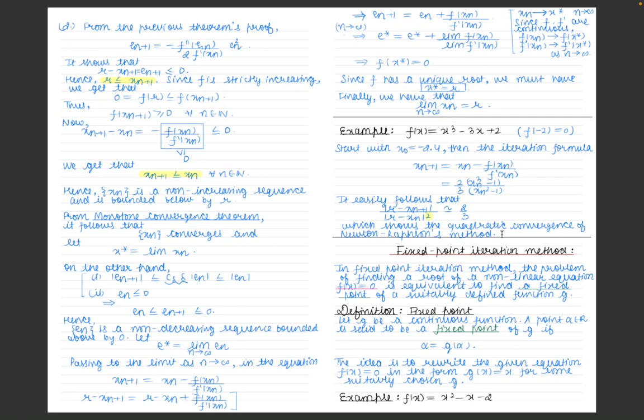So it easily follows that you can verify that r minus xn plus 1 by r minus xn squared is approximately equal to 2 by 3, which shows the quadratic convergence of the Newton-Raphson method.